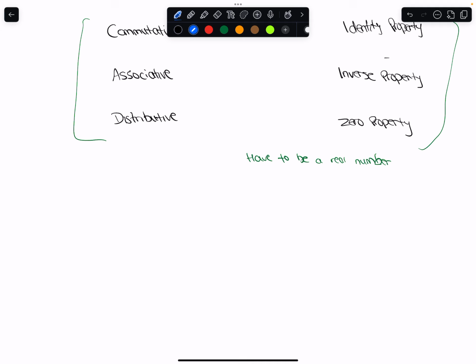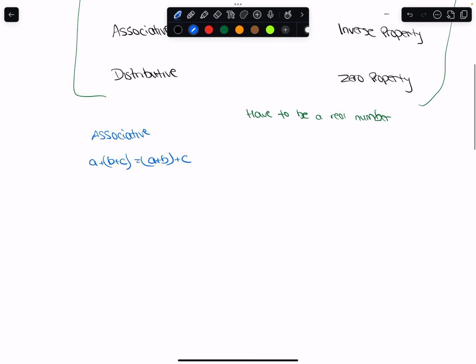Associative is also following the same rule as commutative, but it's just a little extra step. It's now dealing with grouping. So as long as it's a real number, A plus B plus C equals A plus B, in parentheses, plus C. This is saying that no matter how I group it with this addition, the numbers will always give me the same answer when they add up.